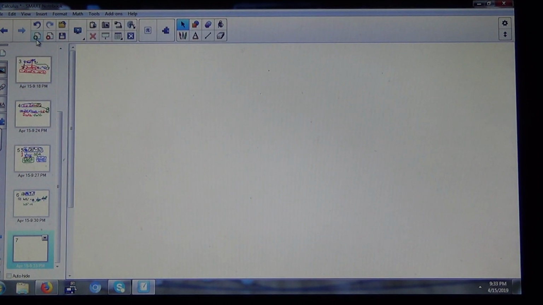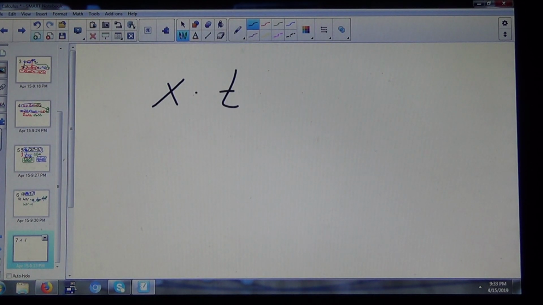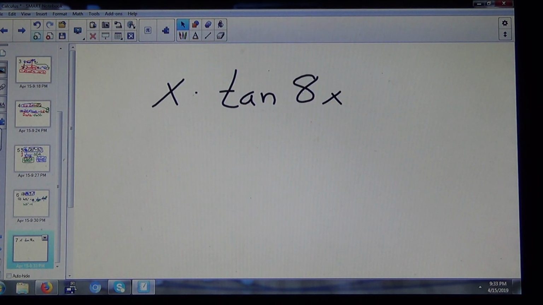Alright, let's try another one. This is like the 15th problem here. x times the tangent of 8x. Find the derivative.